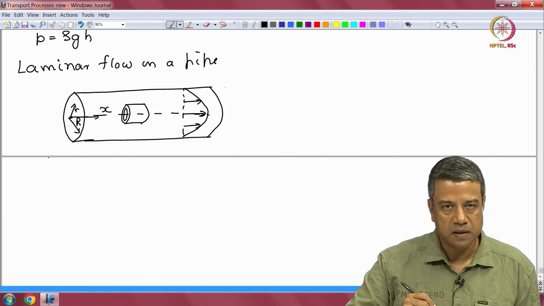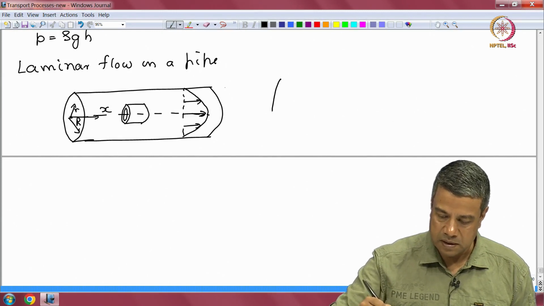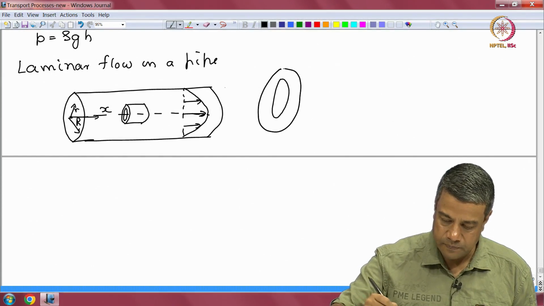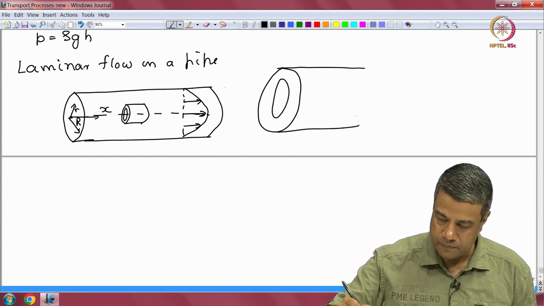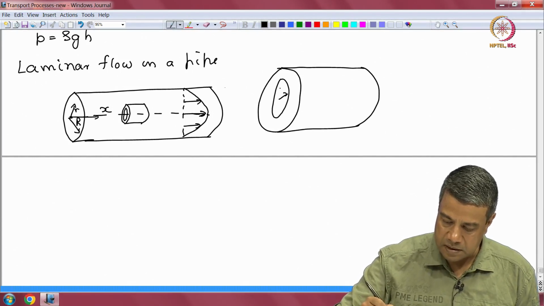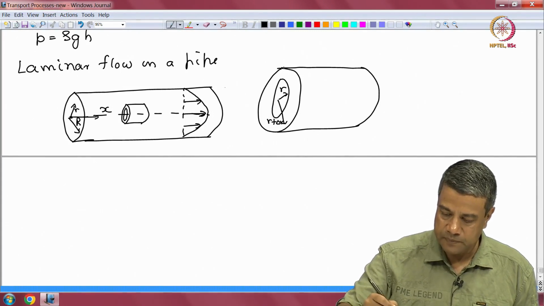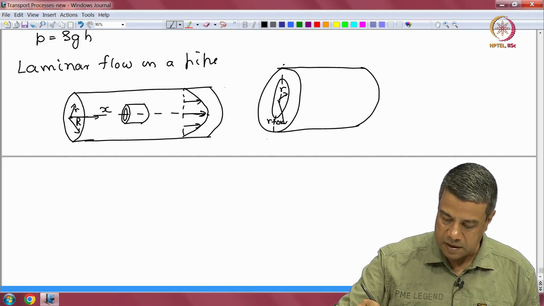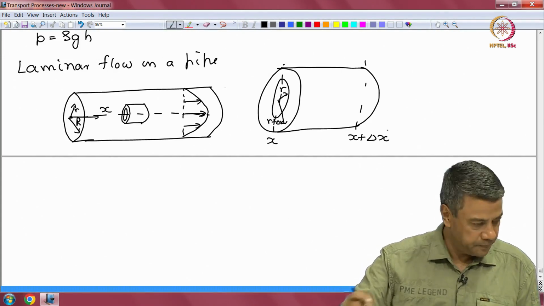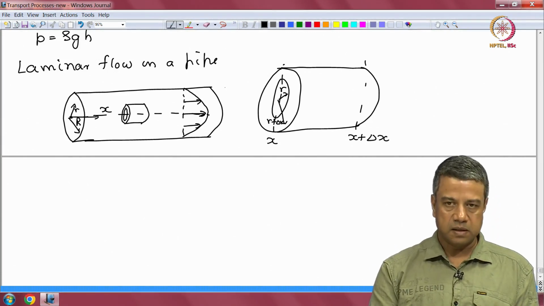So, that is how that differential volume would look. I will expand it out so that it is easier to visualize. The inner surface is at radius r, the outer is at r plus delta r. The left side is at x, the right side is at x plus delta x. And we are writing an equation for the axial momentum.